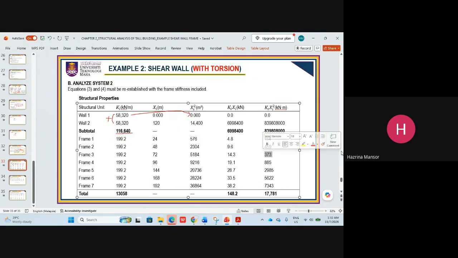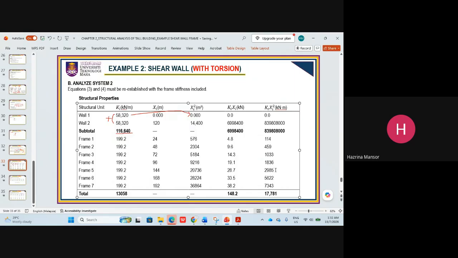Oh yes, this is supposed to be 1033. I just double confirm again, sorry. 199.2 times 9216, divided by 1000. Okay, this one is also wrong. 1836.